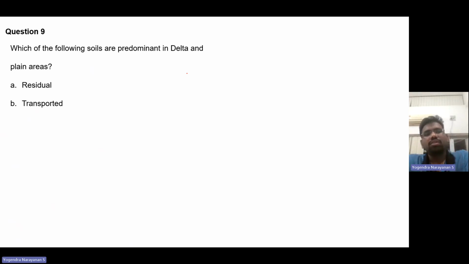That is, the suspended soil grains get settled, forming the plain areas, and these deposits are known as alluvial deposits. Hence, it is obvious that they fall in the category of transported soils.